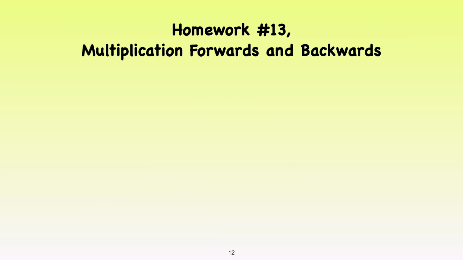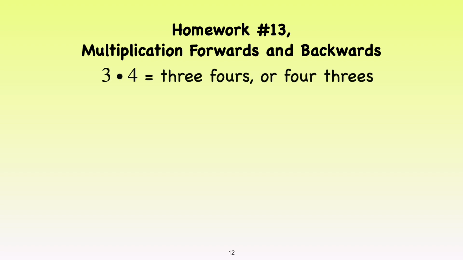Let's talk about homework number 13. We should be able to think about multiplication as repeated addition. Since we multiply just 2 factors at a time, we should be repeatedly adding by either factor. For example, 3 times 4 is 3 4s or 4 3s. The addition would look like this: 4 plus 4 plus 4, or 3 plus 3 plus 3 plus 3.